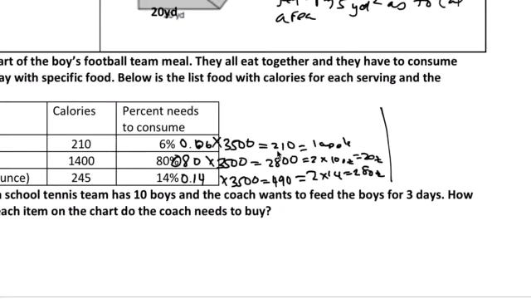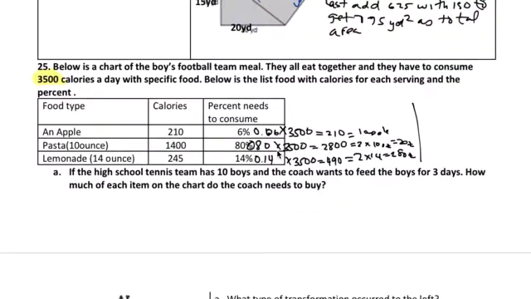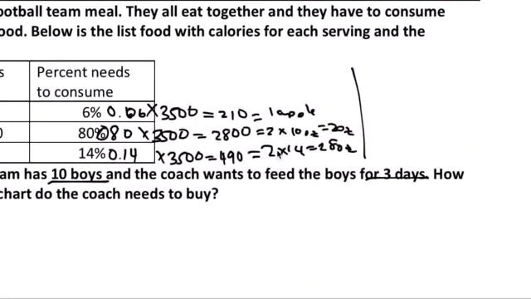Okay. Now, if the high school team has 10 boys and the coach wants to feed them for 3 days, so 10 boys, 3 days. This is from 1 boy. So times 10.